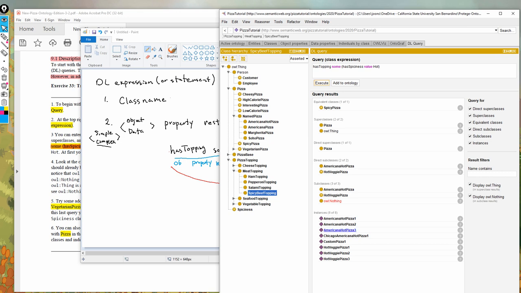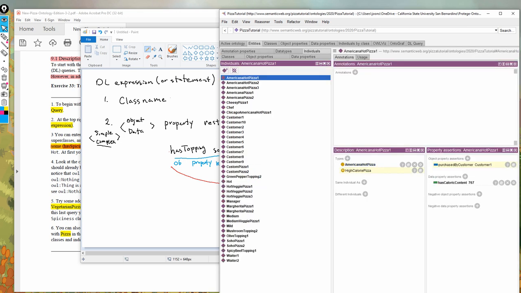When you click this, you see it's a type, American pizza 1. It's an instance, right? The diamond symbol means instance. It's an instance of the class American hot pizza.